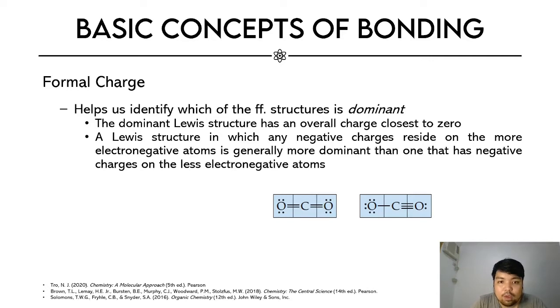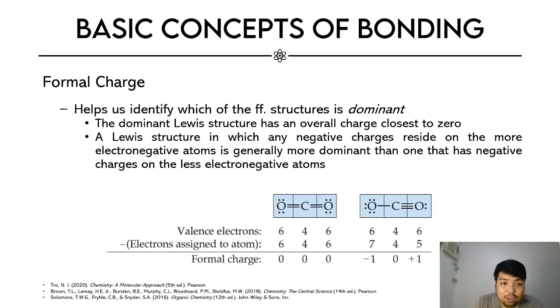Now, if you notice, we tally the valence electrons of each of the atoms in these Lewis structures. This is the valence electrons for carbon and oxygen, and we also show the electrons assigned to the atom, which includes the number of bonding electrons divided by 2 plus the number of non-bonding electrons.